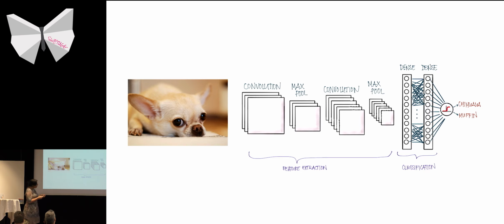Once we've done the encoding, we've gotten down to something like 128 numbers for each picture, or more. Then we just tack on a classifier at the end. This classifier is a regular dense network, one of those that you see with all the dots and the neurons. But at this point, we're down to basically a representation with a number.